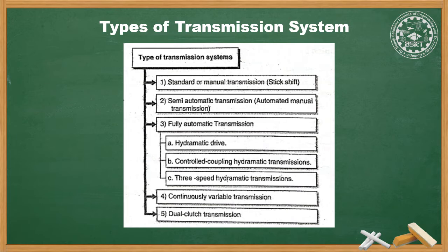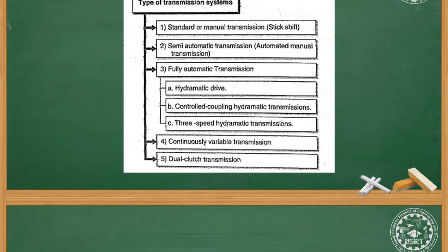This transmission has a continuously variable drive ratio and uses belts, pulleys and sensors rather than gears to maintain a steady acceleration curve with no pause for gear change, keeping a constant power range and increasing efficiency. And the last is dual clutch transmission. These are the types of transmission system.